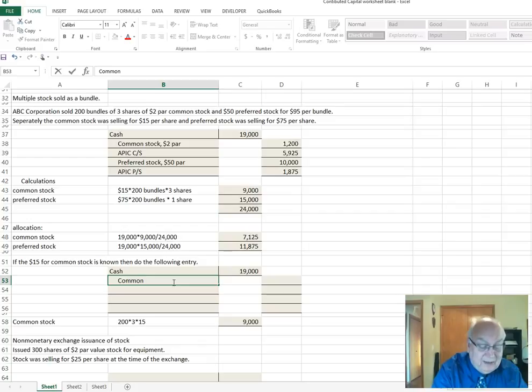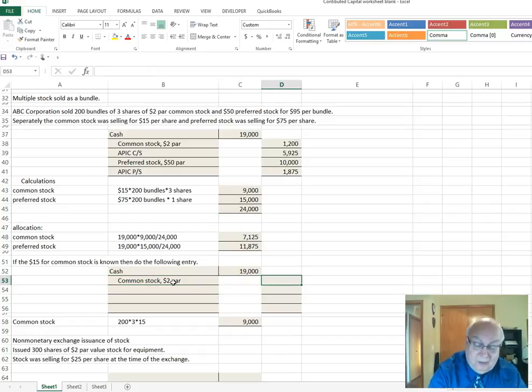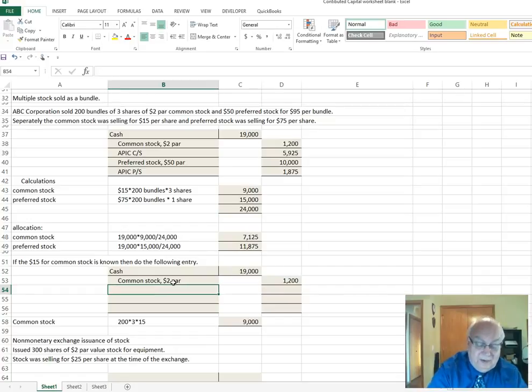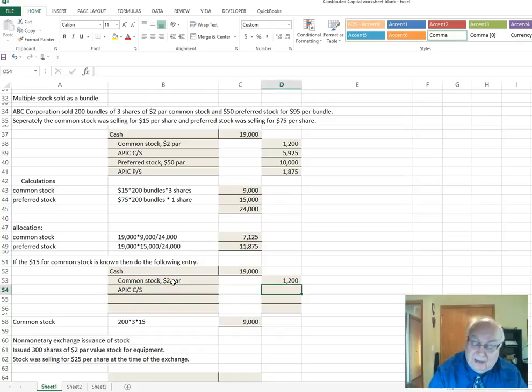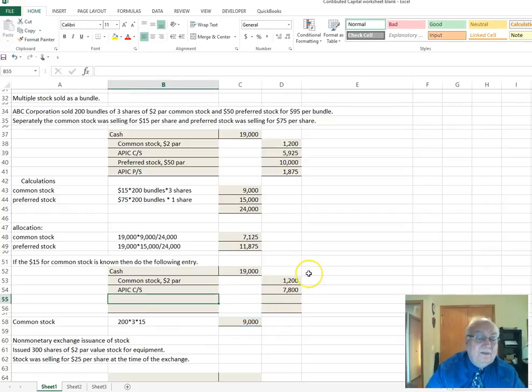So we'd have common stock, $2 par, and that would be equal to the 200 times the 3 times the 2, or 1,200, and we have additional paid-in capital, common stock, which will be the 9,000 minus the 1,200, or 7,800.